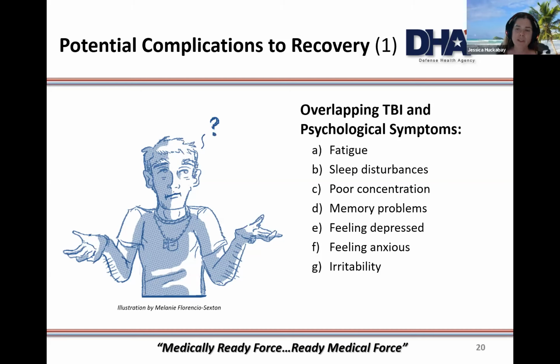And the fourth may be dealing with the aftermath of both. So we're so different. Where the injury occurs, our bodies are different, how we process things are different. There are so many variables that go into traumatic brain injury diagnosis and recovery that we need to keep in mind.